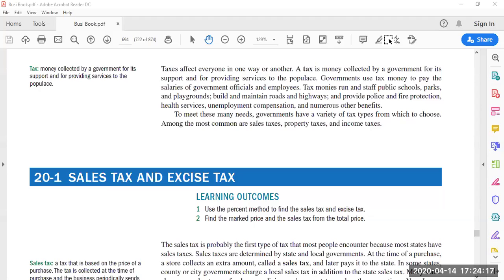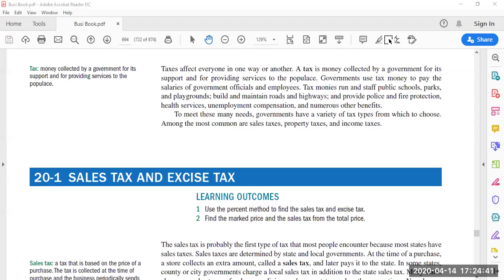Tax is any money that is collected by the government for its support and for providing services to the population. Governments run by the taxes that they impose for the different areas of their economies.